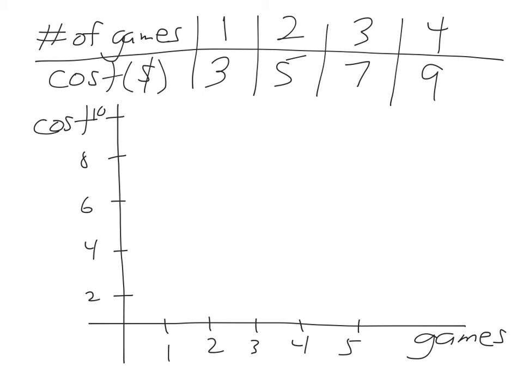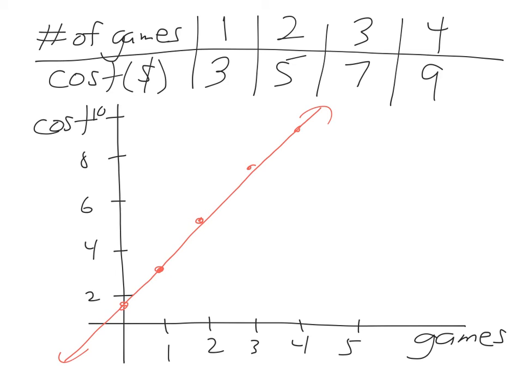So one game costs $3. 2 games costs $5. Now you notice I'm going to have to kind of alternate a little bit here. 3 games cost $7, and 4 games cost $9. Now, while this does do a straight line, the problem I find is that it does not go through the origin.